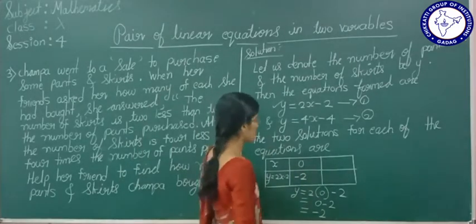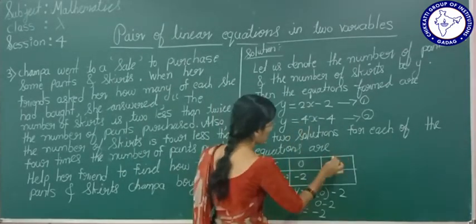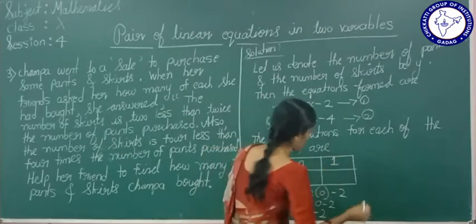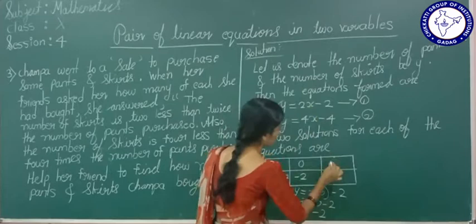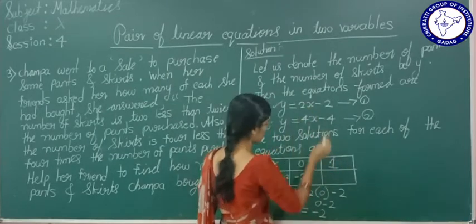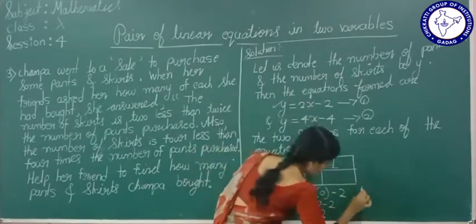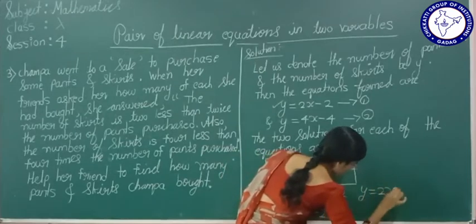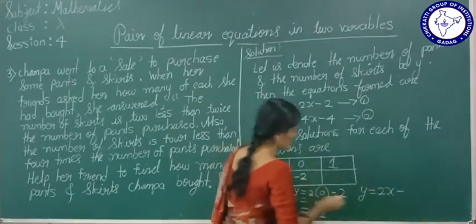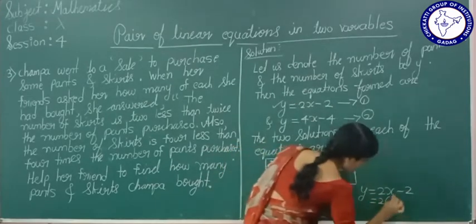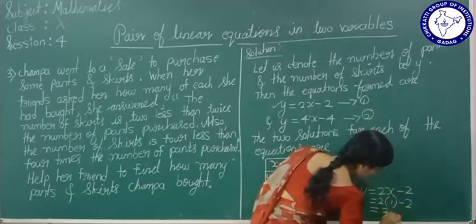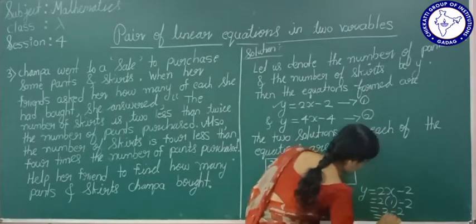Now see, if I put x value 1, what will happen? Here y is equal to 2x minus 2. 2 of 1, 2 ones are 2, 2 minus 2 is 0.